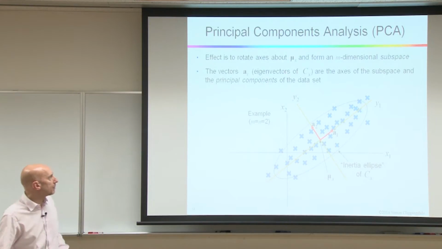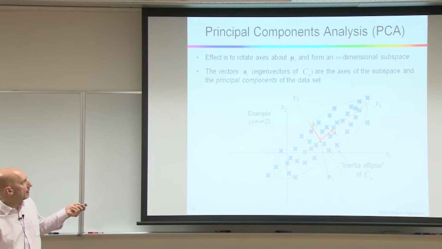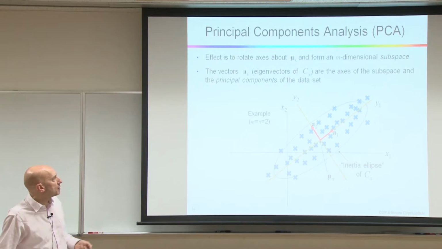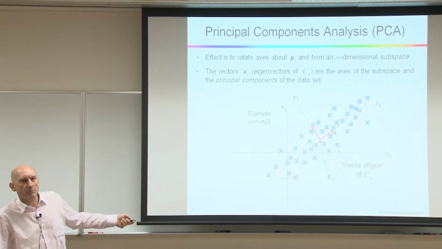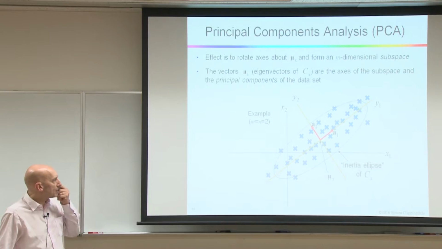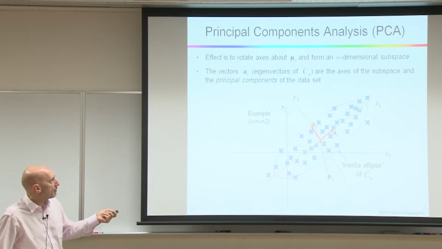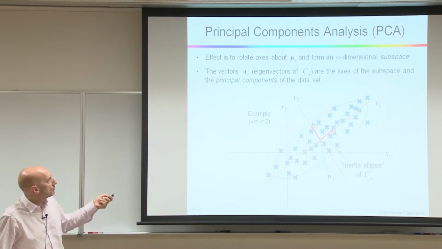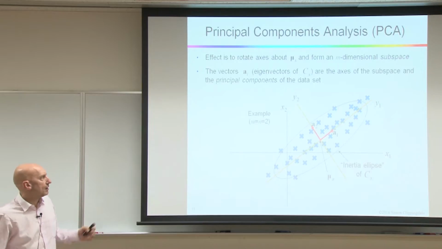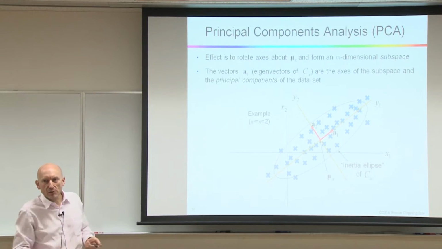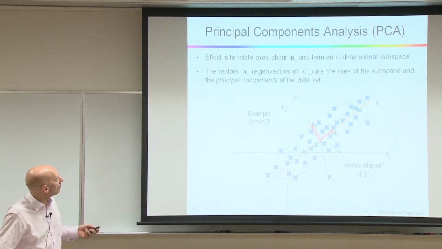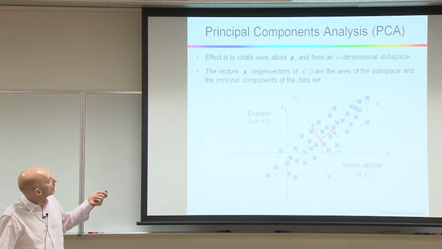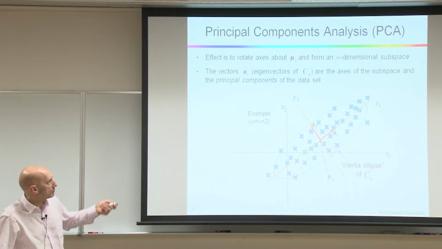Okay, in pictures, this is an example where these X's are our input data in 2 dimensions. And if you take the principal components, the eigenvectors of the correlation matrix of this data, they look like this. There's Y1 up there, which is the biggest one, and Y2 is that way. And these express the spatial scattering of your data in the space. Specifically, the eigenvectors of the correlation matrix are the axes of this subspace.